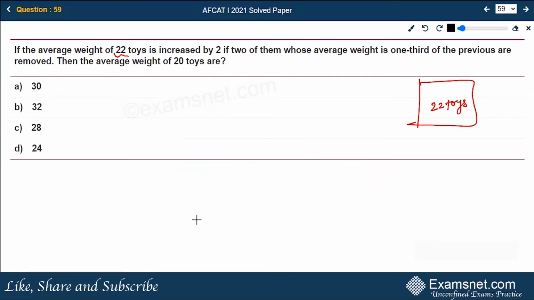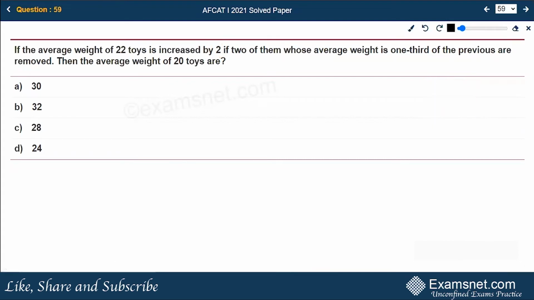The average weight of these toys, if it is increased by 2, then, if I'm repeating, if 2 of them whose average weight is 1/3 of the previous one are removed.